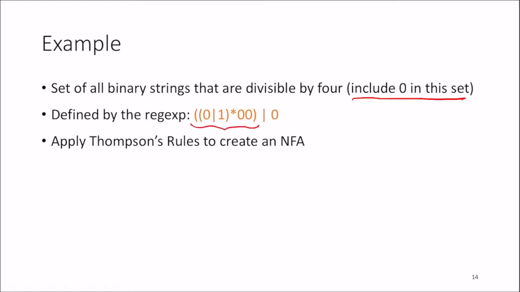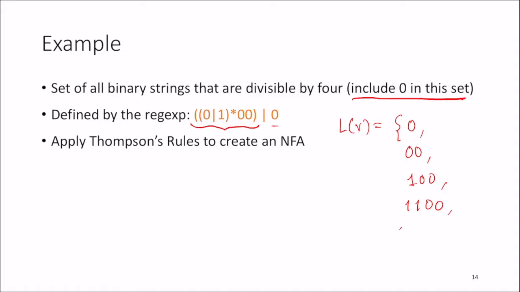As you can see, this defines a set of strings. If you look at the language of this regular expression, it includes 0, 0, 0. It includes 1, 0, 0. And then it can have 1, 1, 0, 0.